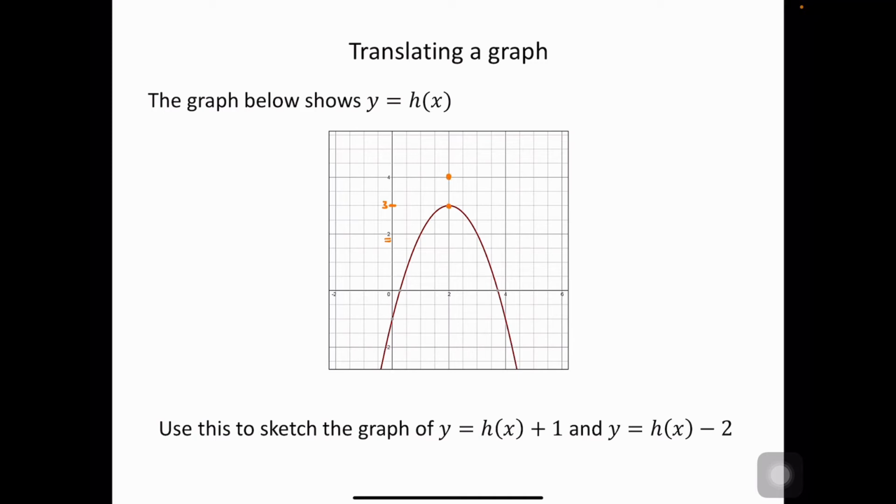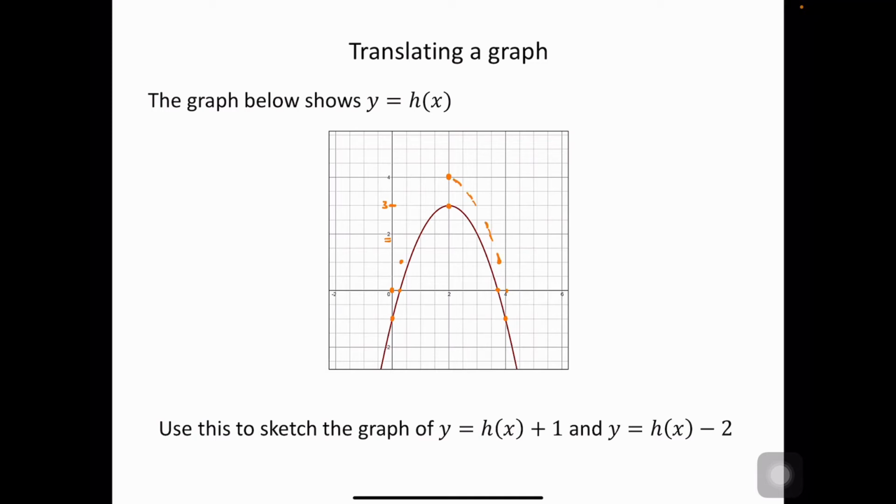Again, the x value won't change, but the y value is going to increase by 1. And so this will be here, this will be here. We could look at this one here and say it's going to be here. This is going to be here. So it's going to look something like this.